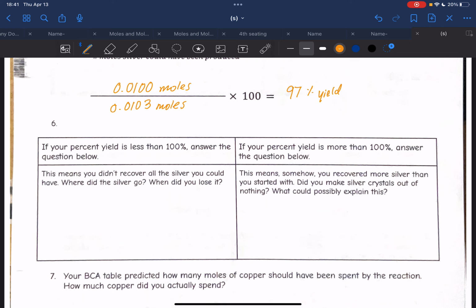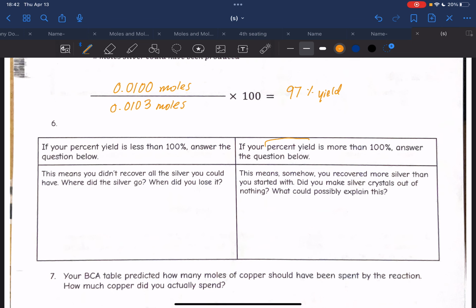Maybe the reaction wasn't allowed to finish. Like maybe there's still some silver ions in the solution instead of as a crystal. Those are some places where you could have not made as much product as you wanted.